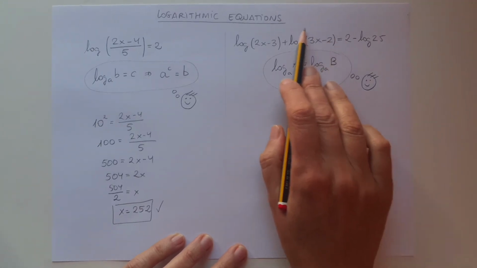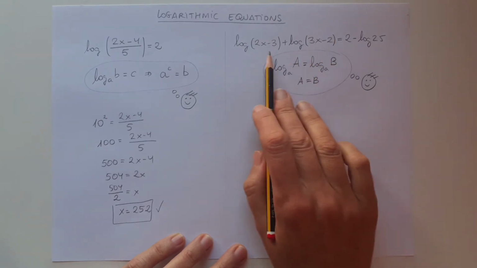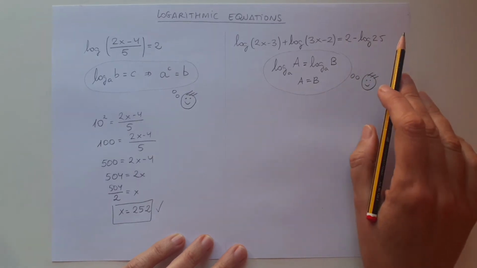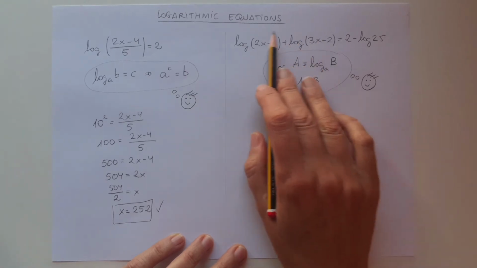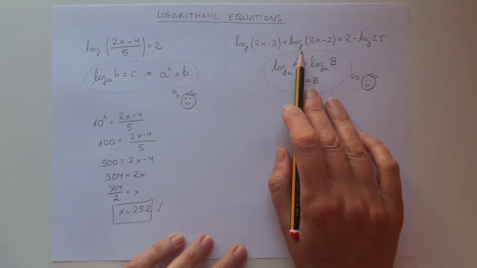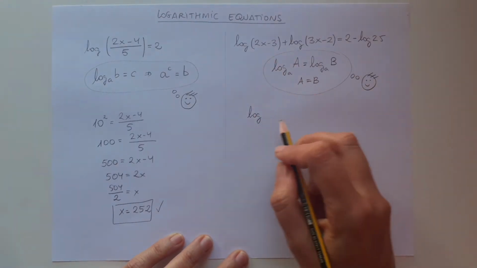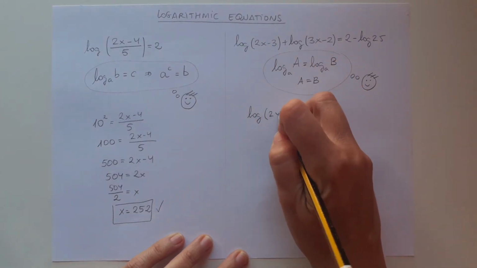I would need to have just one logarithm here, base 10 in this case, because it is the base we're working with, and one logarithm here. So we have to apply the properties. Because of one property that we studied, and there's a video that talks about that, we can put these two logarithms together if we multiply the arguments inside the logarithm.